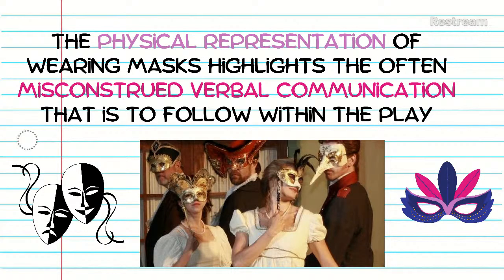Dogberry and Verges, exactly. That's where comedy comes into play. That is more irrational and it's a more obvious example. What I would say Shakespeare does really well is that with every specific thing that happens, there's always an explicit way of showing it and an implicit way of showing it.